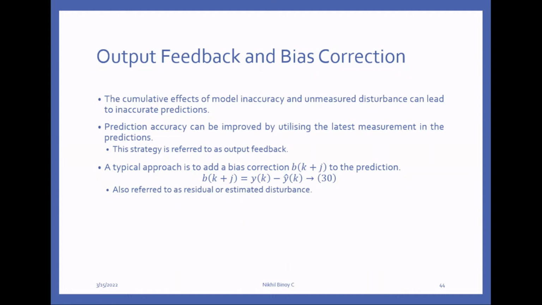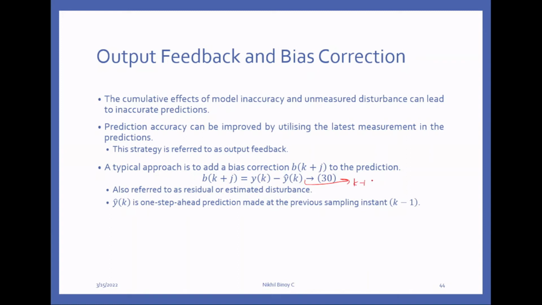It is also referred to as residual or estimated disturbance. Y cap(k) is the one step ahead prediction made at the previous sampling instant k minus 1. So please note this y cap(k) is actually a one step prediction predicted at the previous sampling instant k minus 1.